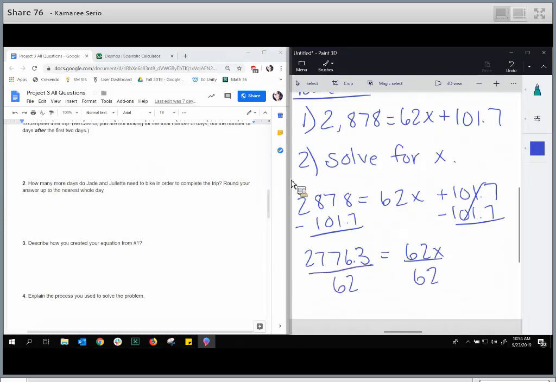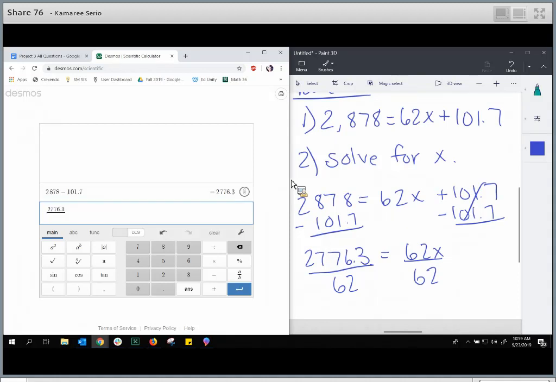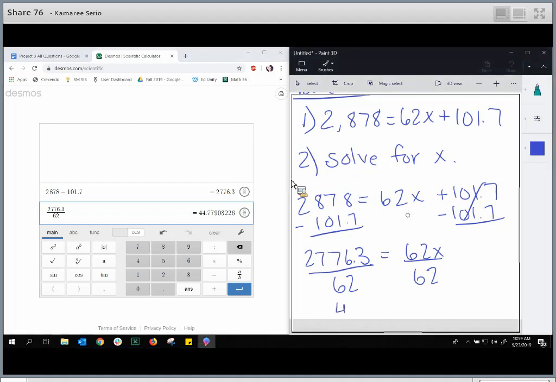So opposite of multiplication is division. So we're going to take this answer that we have here, 2776.3, and divide that by 62, and I get 44.78.